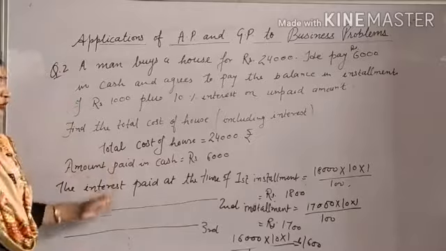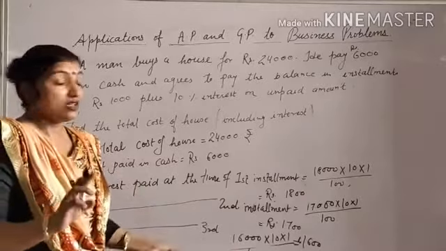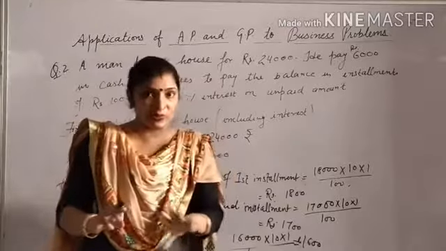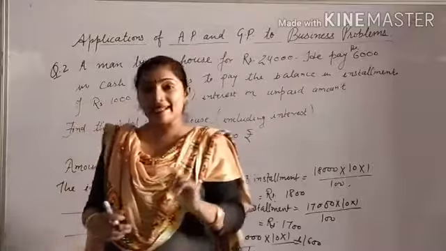Now he has to pay this for 18 installments, because he has to pay 18,000 rupees, so 1,000, 1,000, 1,000, he has to pay 18 times.